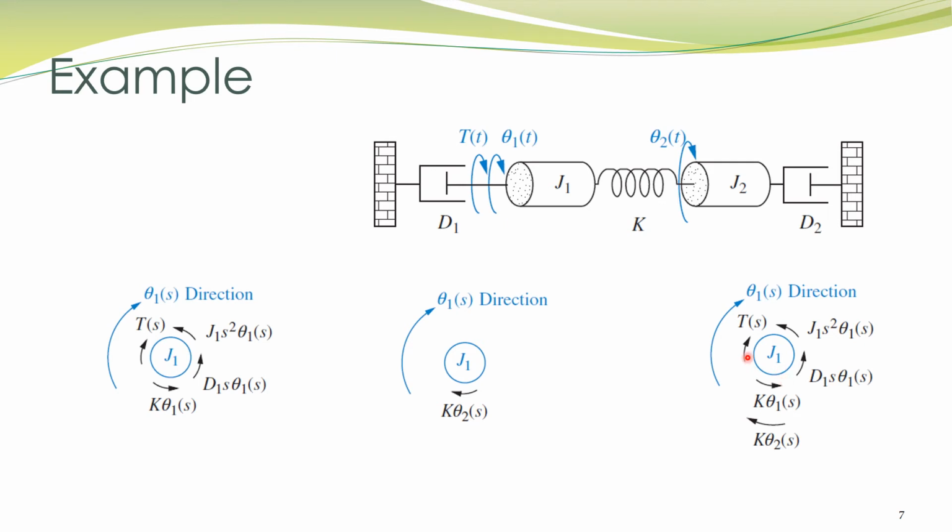Sum of the torques which are acting in clockwise direction is equal to sum of the torques which are acting in counterclockwise direction. So that is given by this equation. Here this torque was in clockwise direction, and when brought to the left hand side of this equation, here it becomes a negative sign.